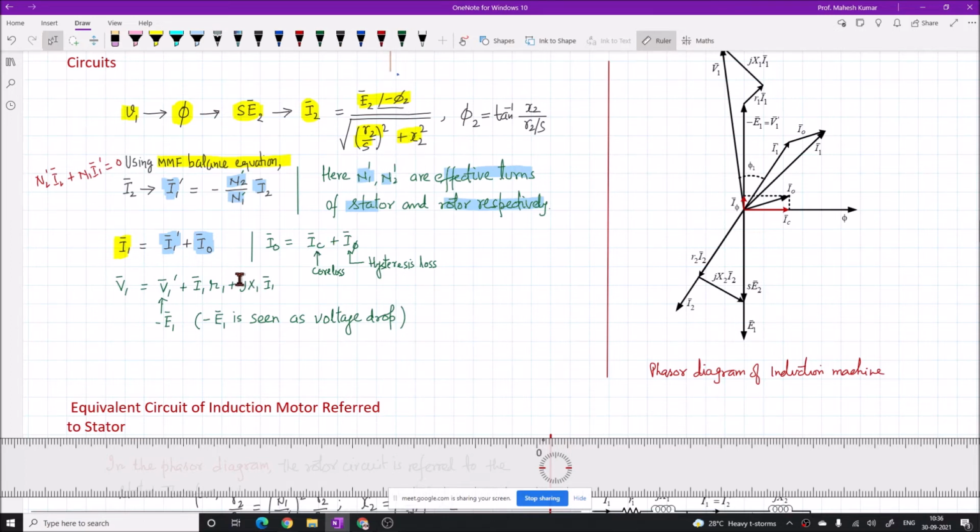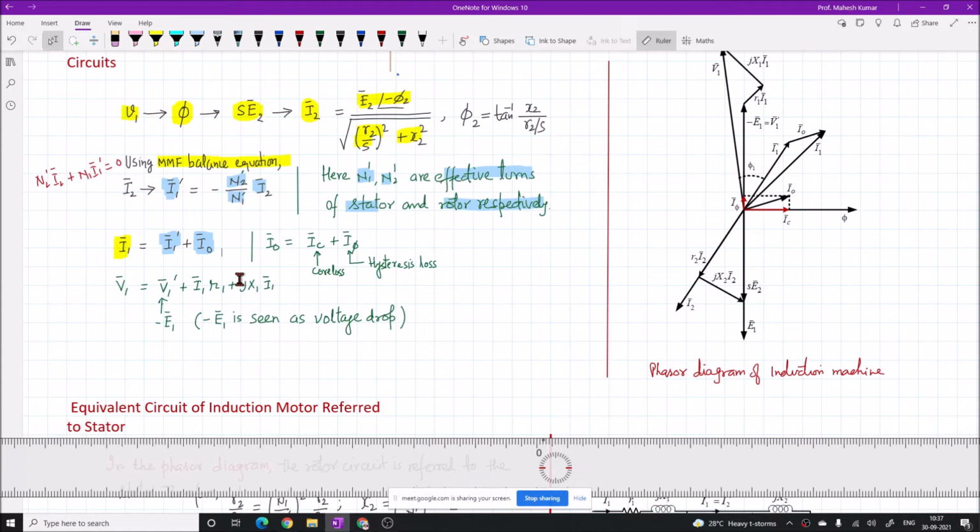And then what is I0? I0 is called no load current. When a motor or transformer does not carry any load, in that case there is a component of current that is flowing in the primary side or on the stator side.